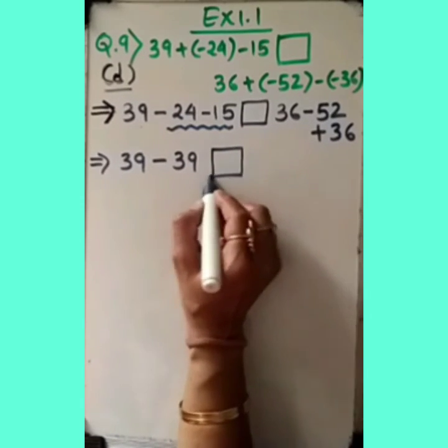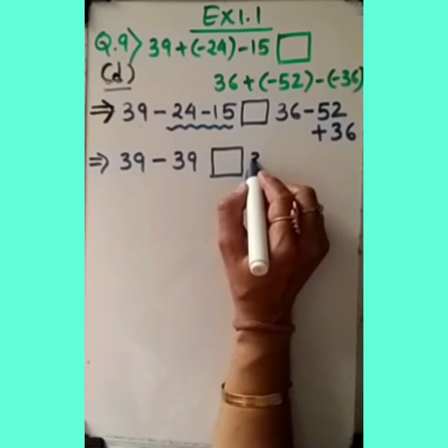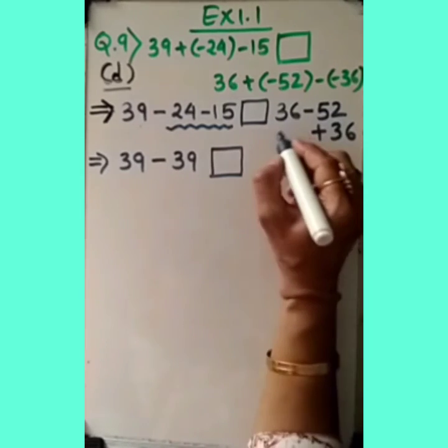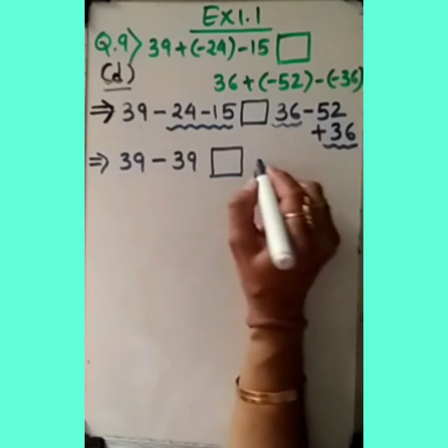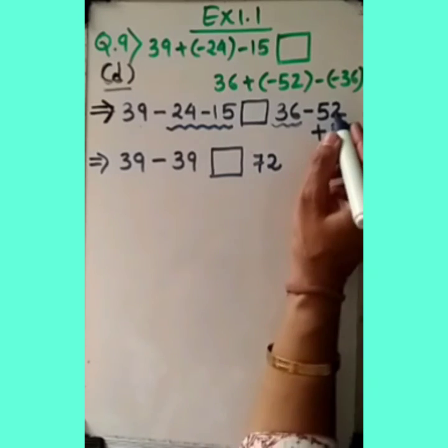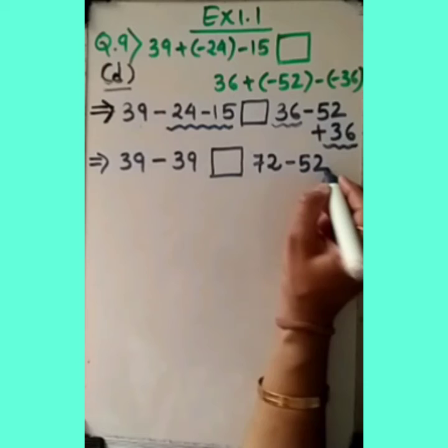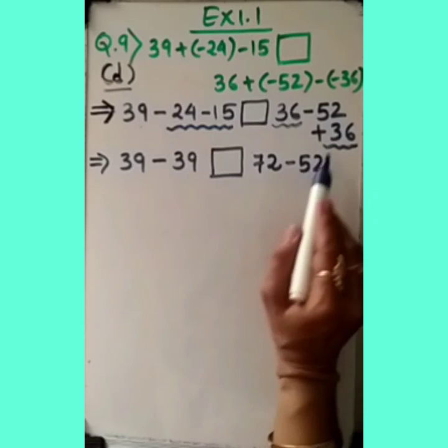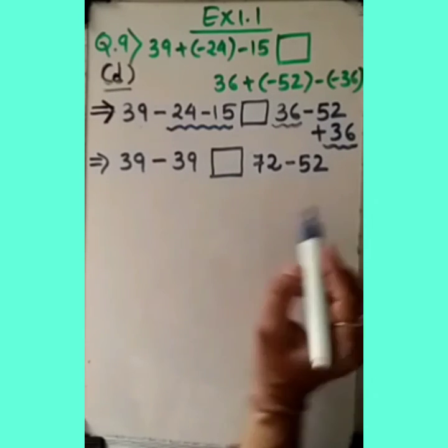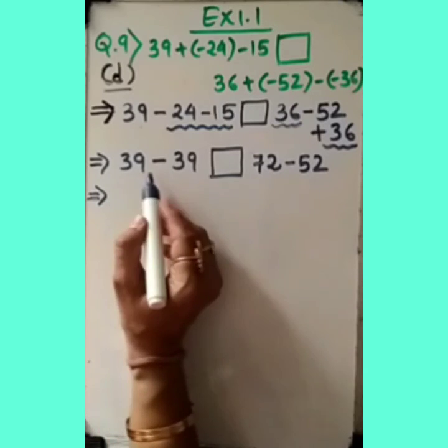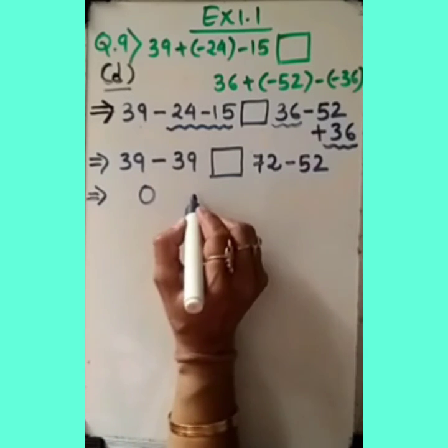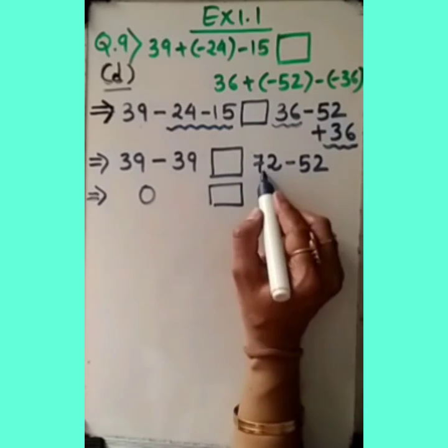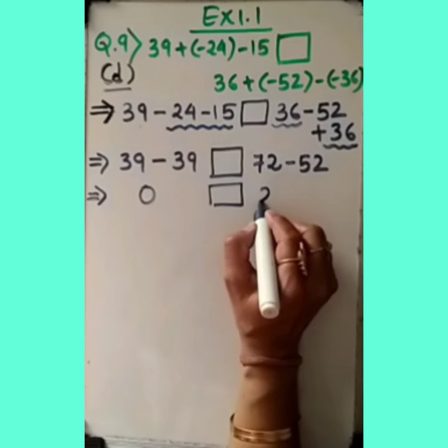RHS 36 plus 36, both these numbers are positive, so 36 plus 36 gives the result 72, and this is minus 52. Got it? Now next, here you can see 39 minus 39, opposite sign, gives the result 0, it will be cancelled. But this side 72 minus 52 gives the result 20.